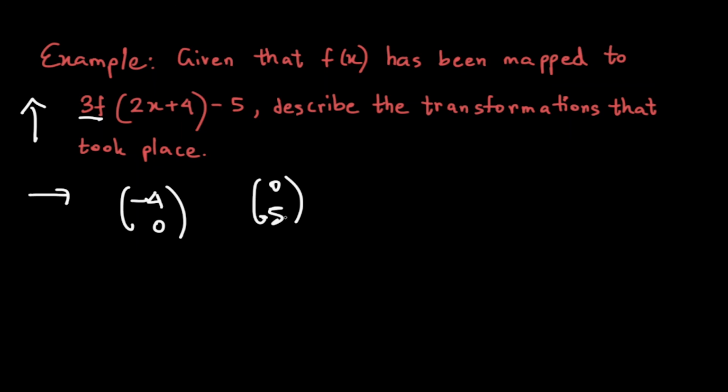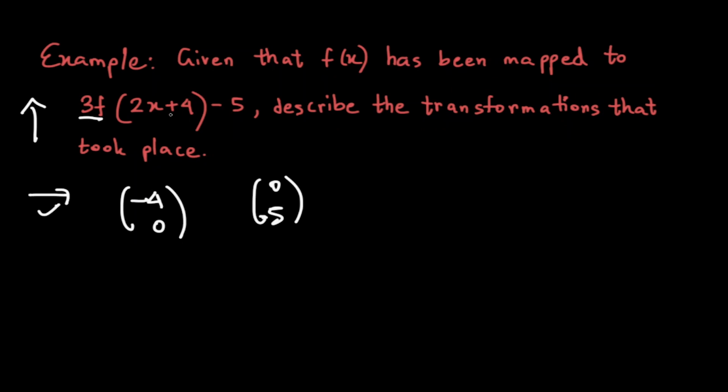So we identified all the transformations, but which one is happening after which? Well, it so happens that there's a proper sequence for all the transformations. We always go from inside to outside. So the transformation which happens first is the one which is closest to x, that is the 2x. The stretch in the x direction first takes place.